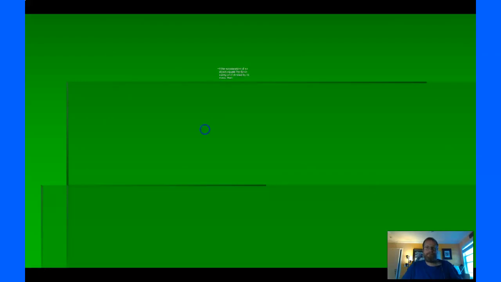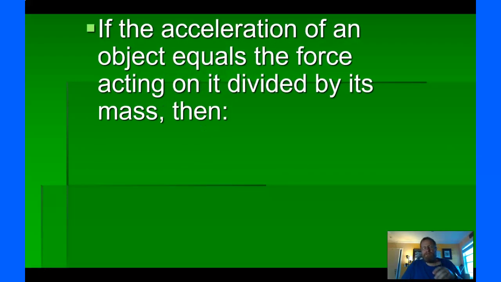So, if acceleration of an object equals the force acting on it divided by the mass, then I'm not going to hit the button yet. We're going to think. Force over mass. This is already written on your notes, by the way. It's a fraction. Force is at the top of the fraction. That's called, not a math teacher, but it's called the numerator, I think.